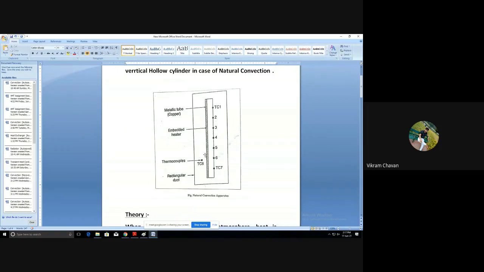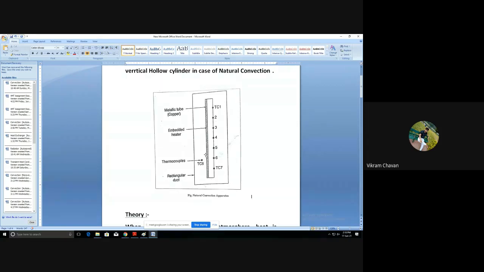The heat source is placed inside that tube. Heat source means the heater is placed inside the tube, which will take the electrical energy and convert it into heat energy, and that heat will be transferred to the surface of the hollow cylinder.